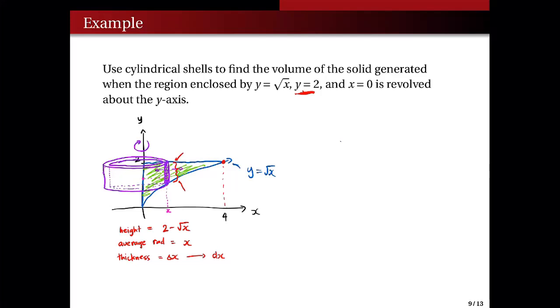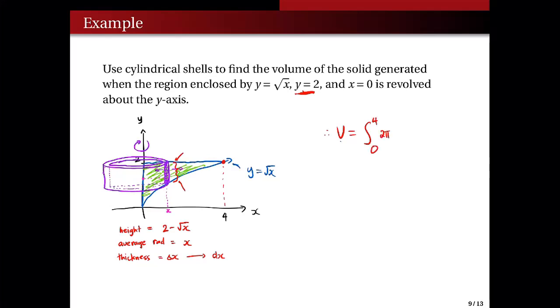Therefore, the volume is the integral. This strip will move left to right. On the leftmost, we have 0, and on the rightmost, we have x equals 4. So from 0 to 4.